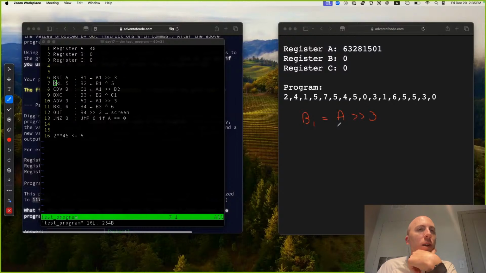So we do A bit shifted by 3, and then B2 is B1 XORed with 5.